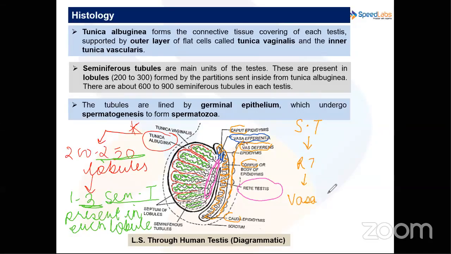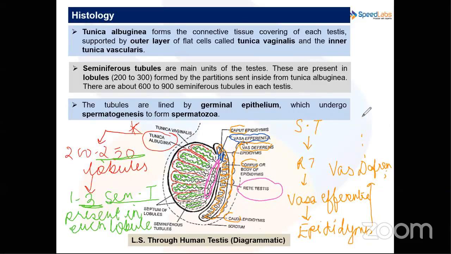I'm going to write vasa efferentia because you will make mistakes. After vasa efferentia you have epididymis, E-P-I-D-I-D-Y-M-I-S. From the epididymis it goes into the vas deferens. And from the vas deferens, it takes the full route, via the penis, and then it comes out through the external genitalia.